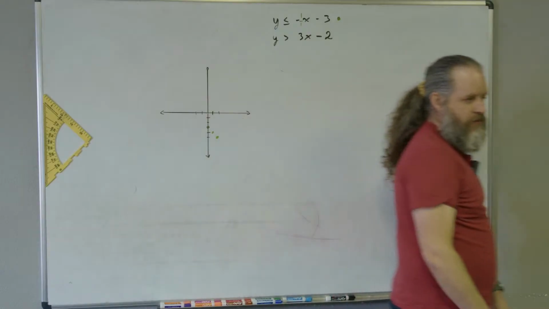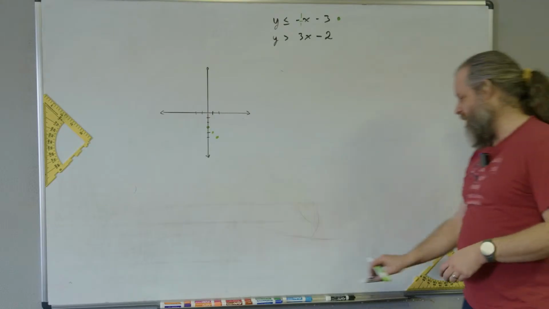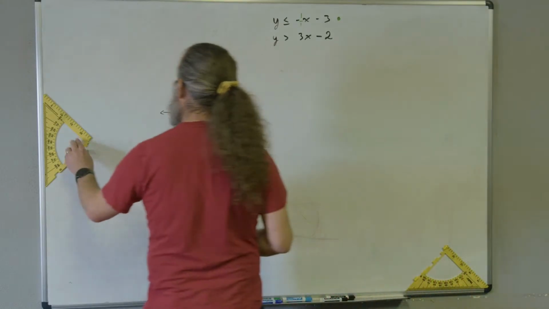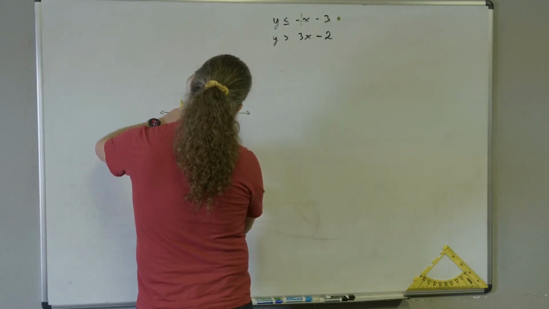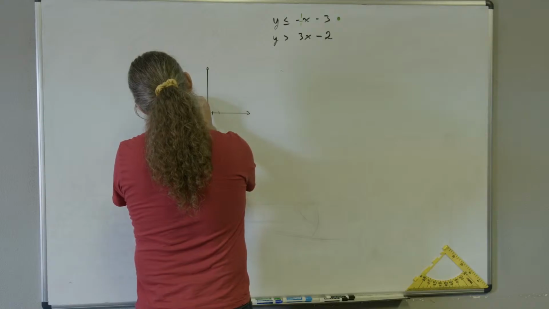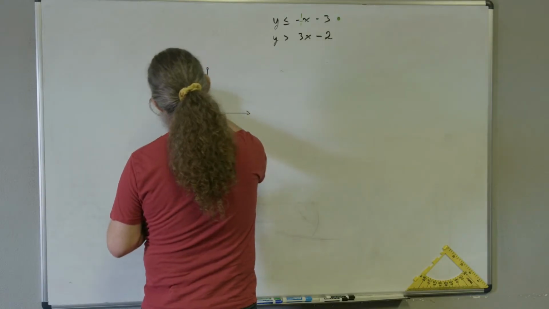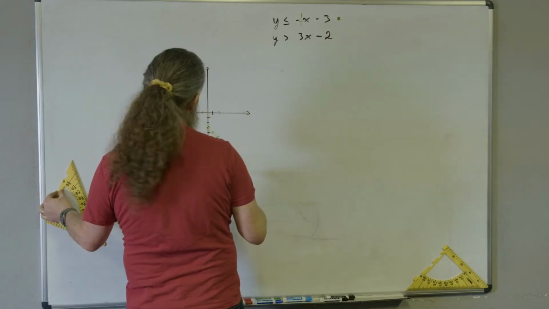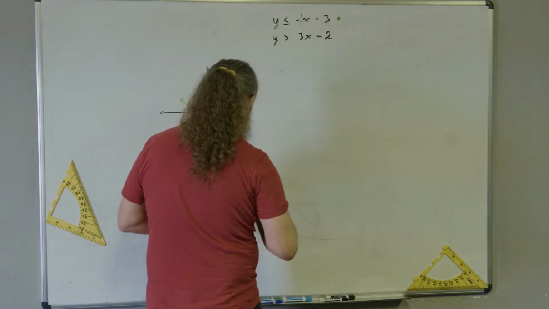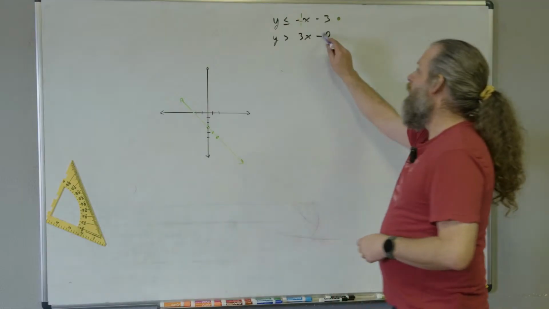Now what do I do? Draw a line. What kind of line? Solid line. How do I know? Yeah, you got -1. -11. Okay. What about that one?